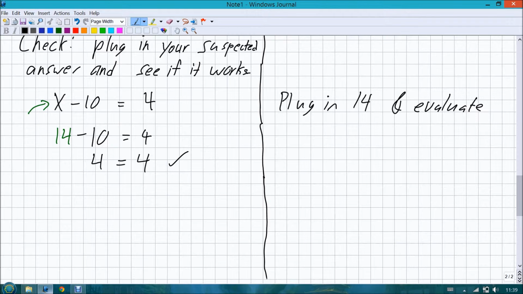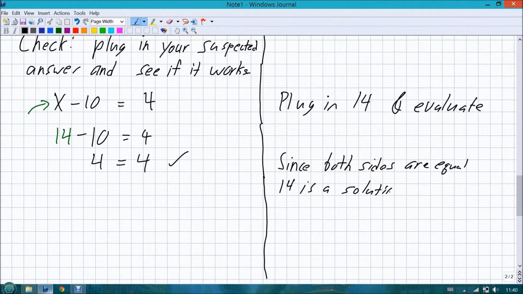We reduced it down to its simplest format, and its simplest format was 4 is equal to 4. And at the end here I can say, since both sides are equal, 14 is a solution to the equation.